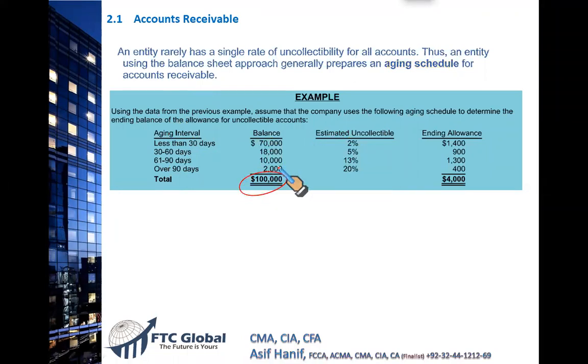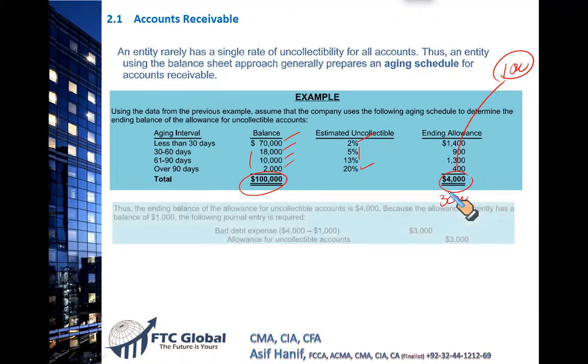And then we charge percentages accordingly. Like this 100,000 was analyzed by our accountant, and he said that 70,000 is less than 30 days, then 18, 10, and 2. And then we analyze that, let's charge 20% on this as per past experience, 2% on this, and in between percentages on 18 and 20. Now, this gave us an estimated bad debt allowance of 4,000. Since we already have 1,000 available, as it is the continuation of our previous example, we will make the entry for 3,000.